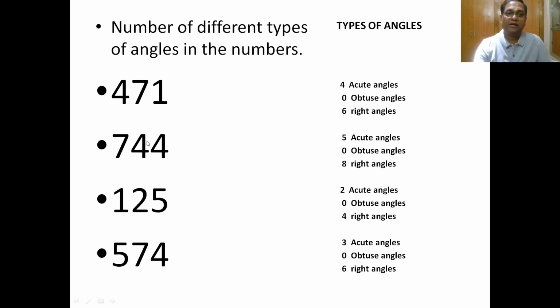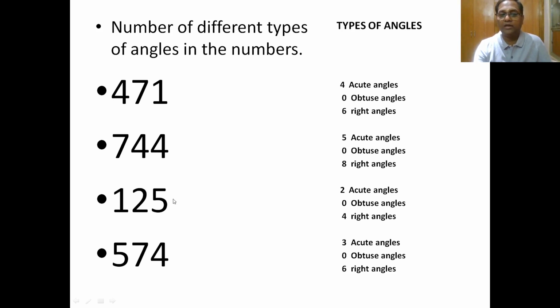So again here let us count the acute angles: 1, 2, 3, 4, 5 acute angles. There are no obtuse angles, and right angles 4 here and another 4 here. So total 8 right angles. In number 125, you can see 1 acute angle here, another acute angle here.